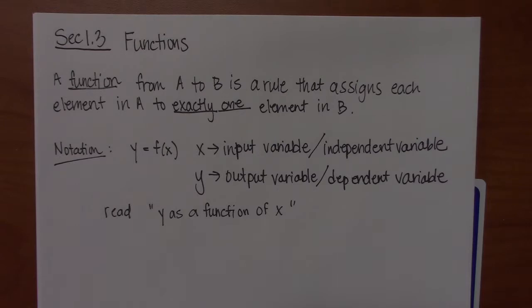When you see that notation, f parentheses variable, what's inside the parentheses is telling you that's the input variable, and f represents simply the name of the function. We can name things h, g, x, it doesn't matter. F of x is usually the most common one used because f is for function. But if we're dealing with multiple equations, they'll usually run down the alphabet: f of x, g of x, h of x. And y, of course, represents the output.